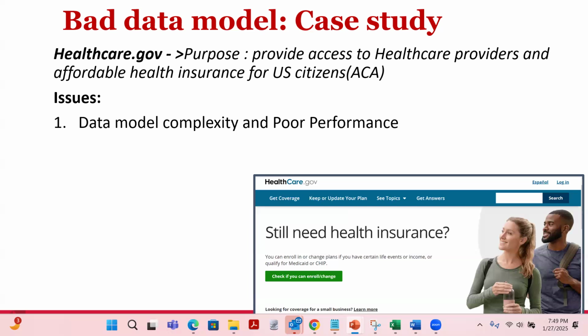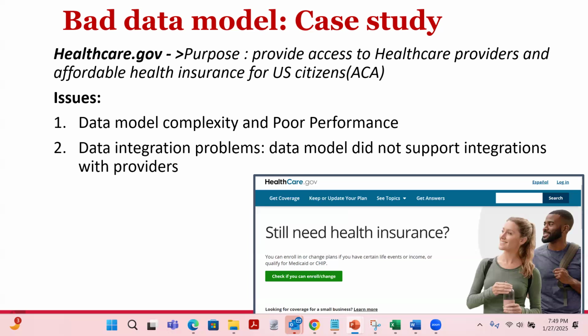The data model was not designed to support both vertical and horizontal scalability. As a result, it was performing really poorly. There were multiple data integration problems where the data model didn't work with different system providers that had to be integrated within the system. Data inconsistencies, we know what data inconsistencies are.